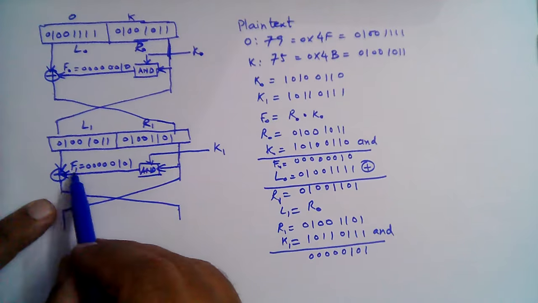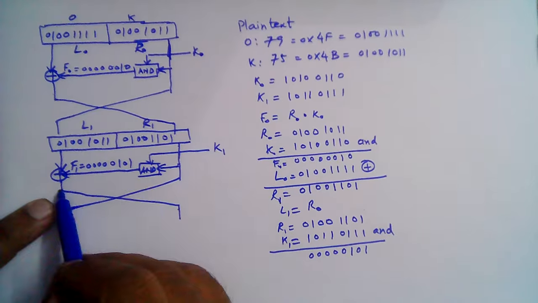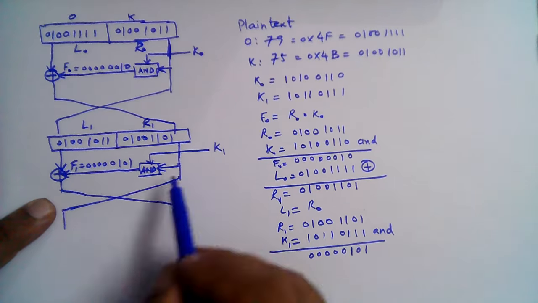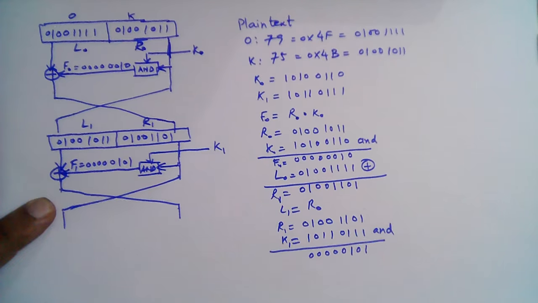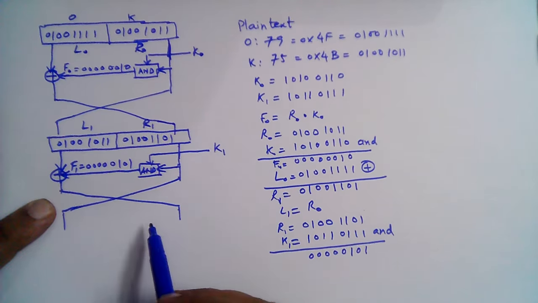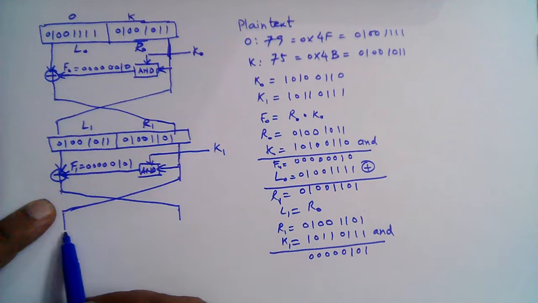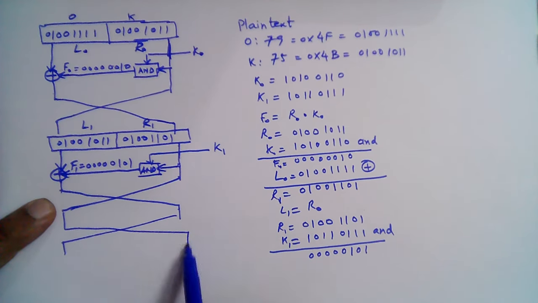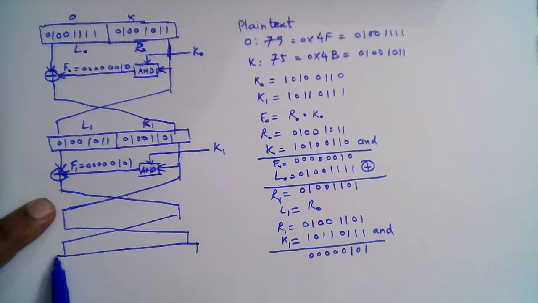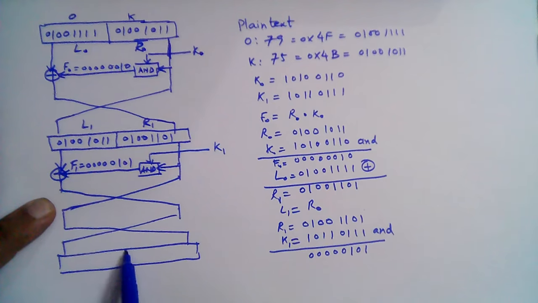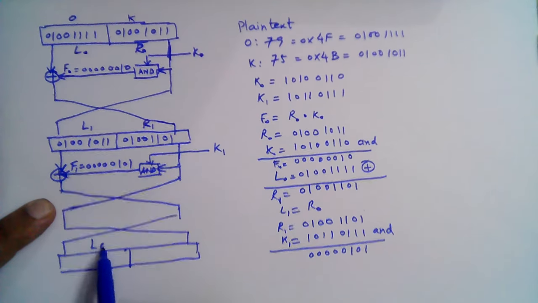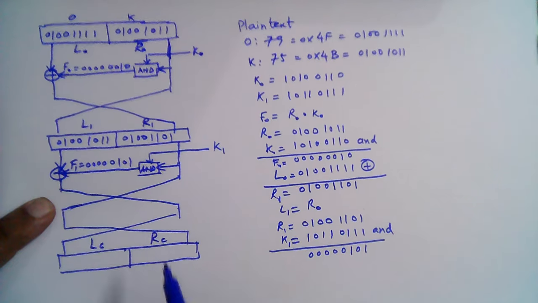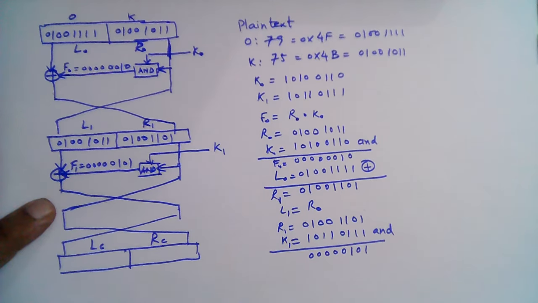The output here is just the left part, and the output here is just the right part, right? So as we have done this swap here, let's perform another swap, and this will be the left half of the ciphertext and the right half of the ciphertext, right?